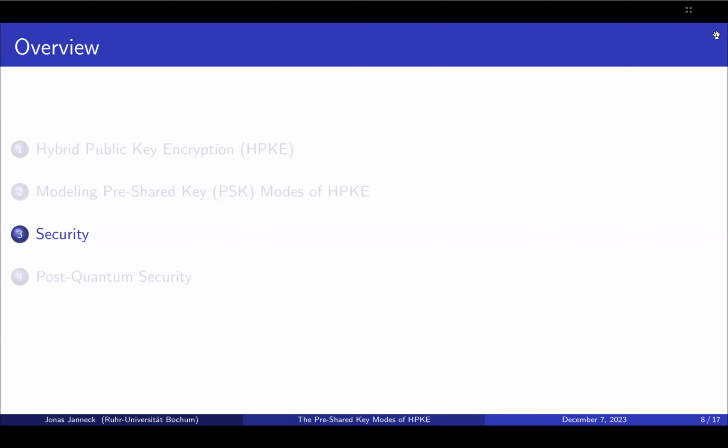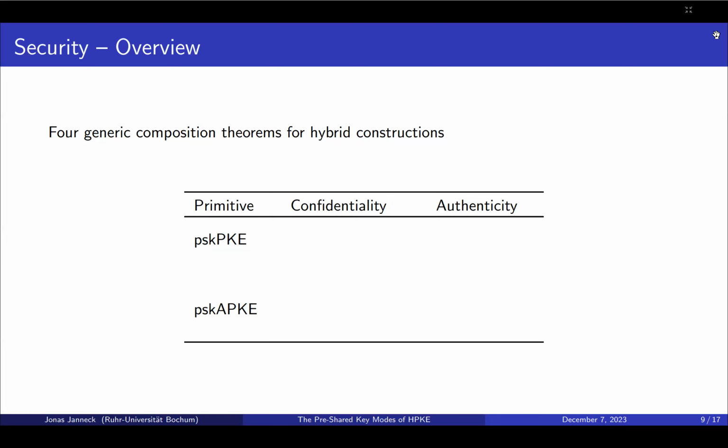Now to the security results we showed. For both the primitives, we showed composition results, how to build them from the components we've seen in the beginning, and the key schedule. For the first one, we show CCA security for confidentiality and outsider security for authenticity, similar to what we've seen for the authenticity.